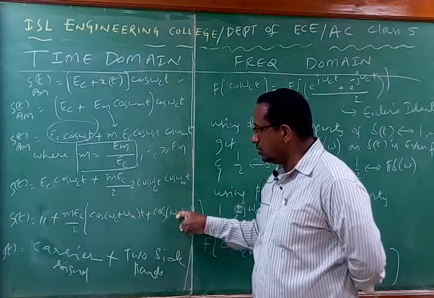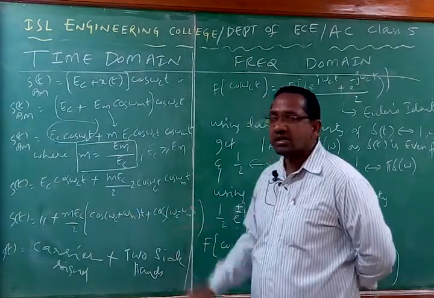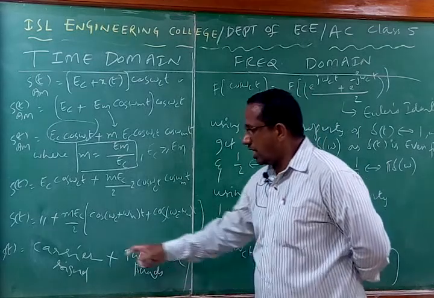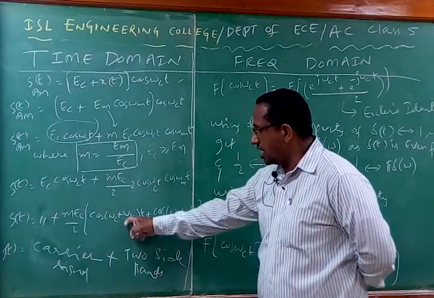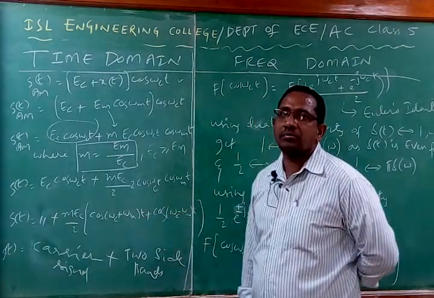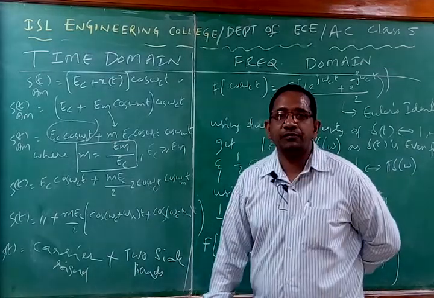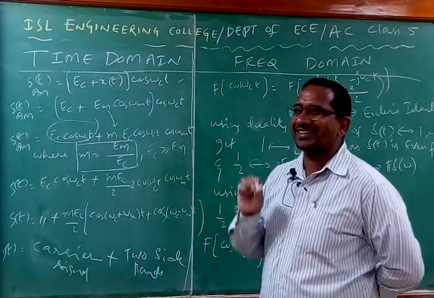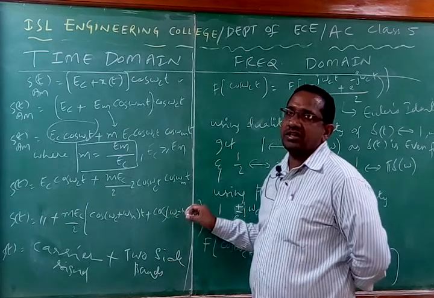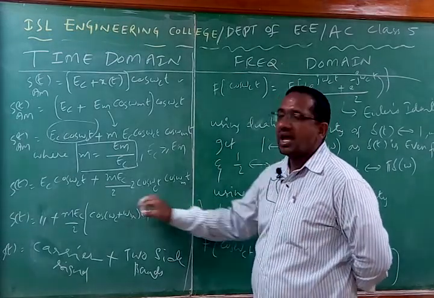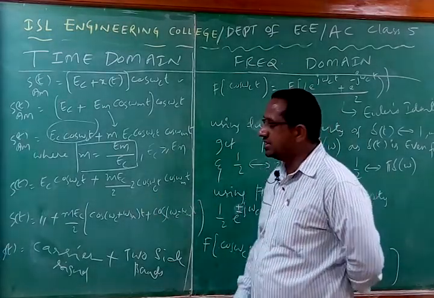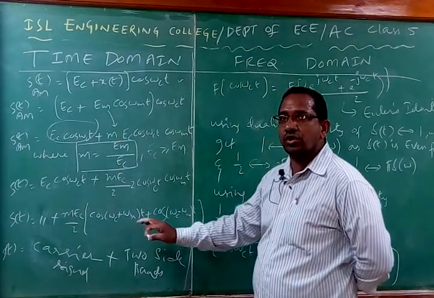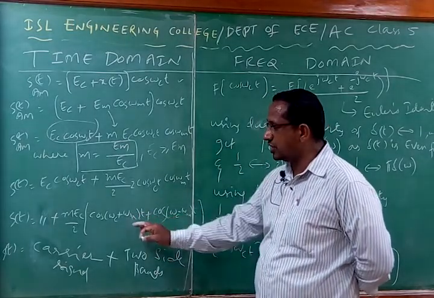Therefore these 2 components are known as the sideband components. So along with the carrier signal, we get the sideband components, which means the information signal is going to reside in the 2 sidebands, upper sideband as well as lower sideband.